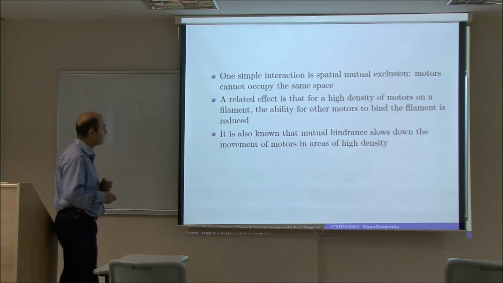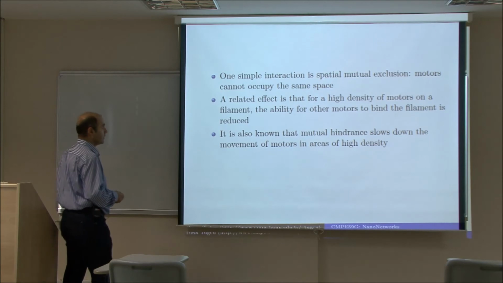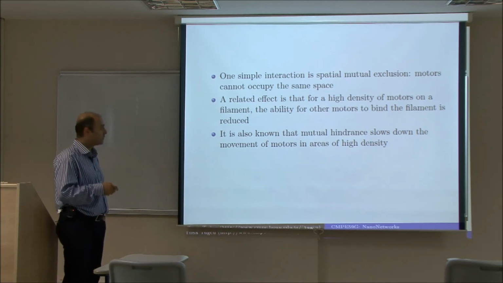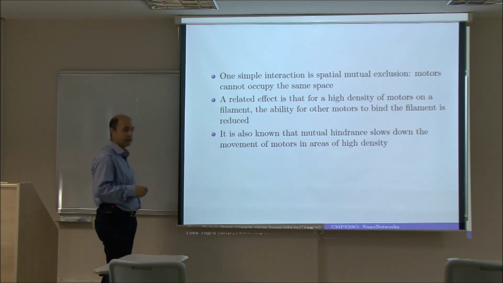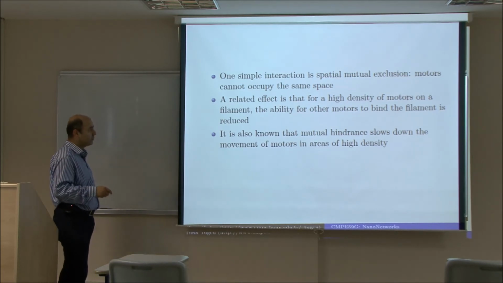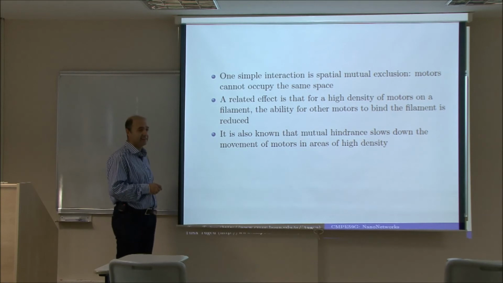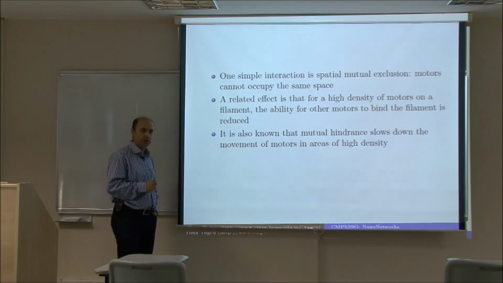Okay? So one simple interaction is a spatial mutual exclusion. Motors cannot occupy the same space, as we said. A related effect is that with high density of the motors on a part of a filament, the ability of other motors to bind the filament is reduced. What does that mean? That means if you have a congested area, the force with which the motor attaches to the rail may be reduced because of the congestion.